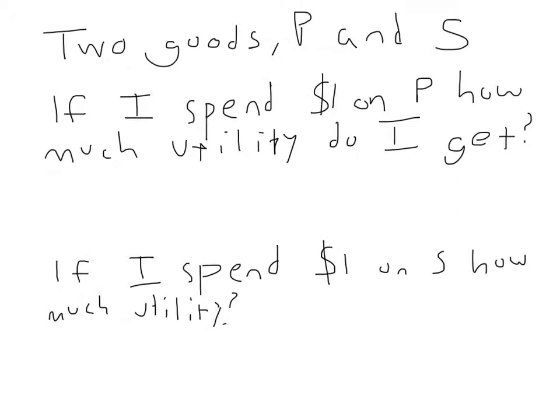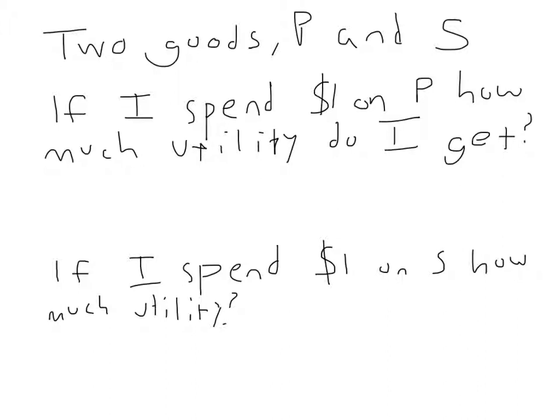So we have two goods, P for pizza and S for soda. We want to think about allocating our last dollar, our marginal dollar. We can spend it on either pizza or soda, or we can flush it down the toilet. For simplification, we assume these are the only two goods that exist in the world. If we spend the $1 on pizza, how much utility do we get?